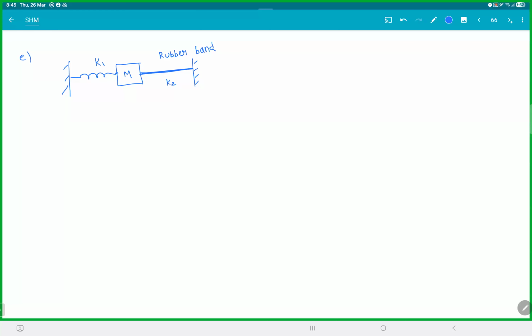What is the catch? How does a rubber band and how does a spring behave? That is a thing that you should realize. So the idea is this: a rubber band, when you stretch it, it will pull you back. Rubber band can pull, but it cannot push.